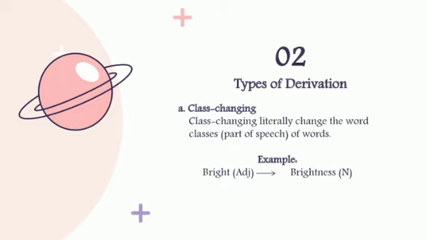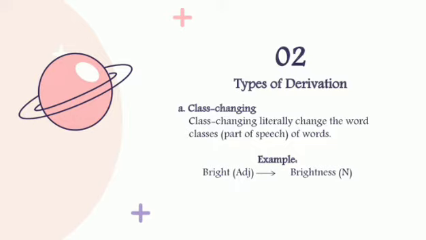Okay, next is types of derivation. Derivation has two types: class changing and class maintaining. Class changing literally changes the word class or the part of speech of words.